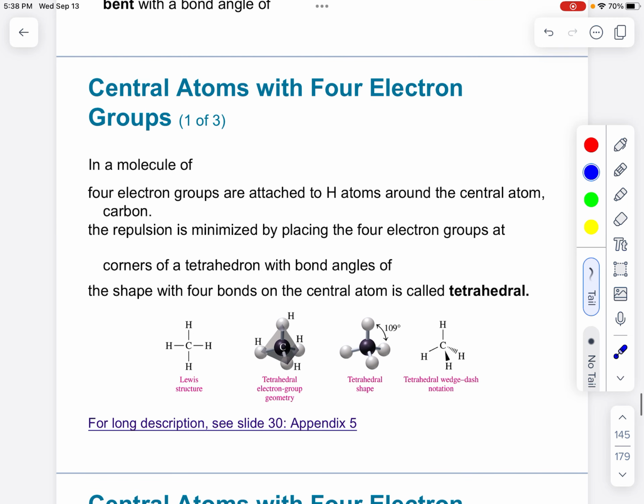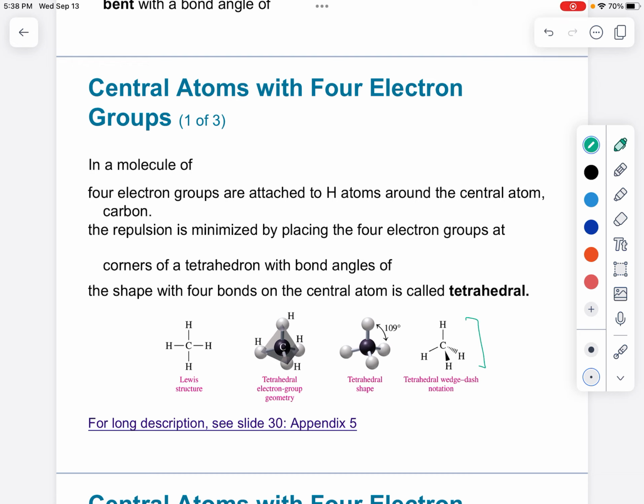Now there's possibilities for molecules with 4 electron groups, and methane is the example. Now, when I'm meeting in person, I usually hand out some kind of sphere with toothpicks, and I have people tell me how far apart they can get the toothpicks.